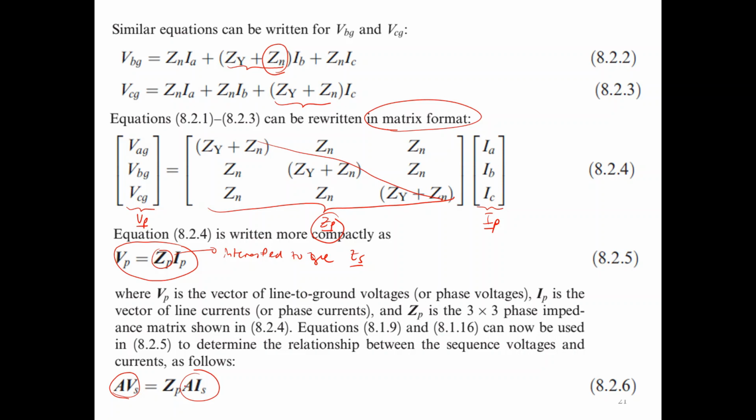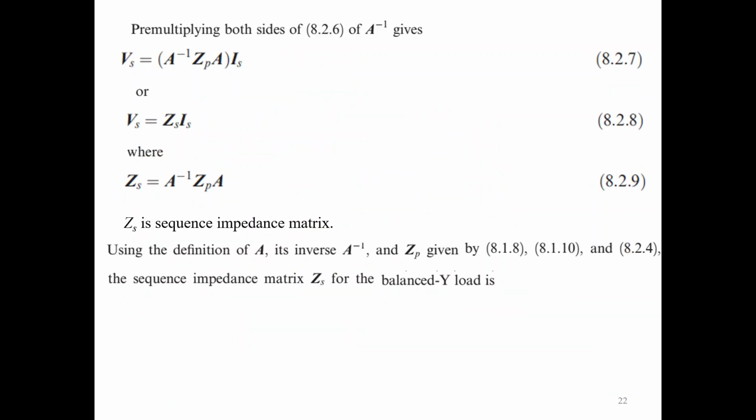Now we do some manipulation on both sides. You have A times IS on the right, so you multiply by the inverse of A on both sides. A inverse times A is identity, of course, right? I'm sorry, this is not identity. This is not the normal matrix.